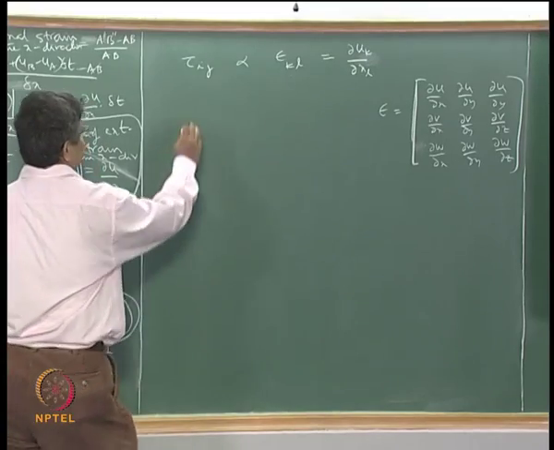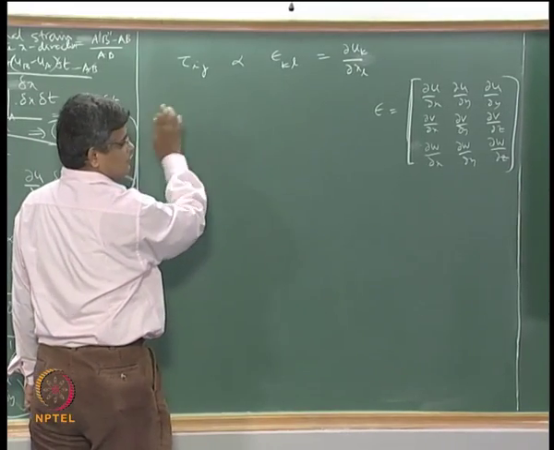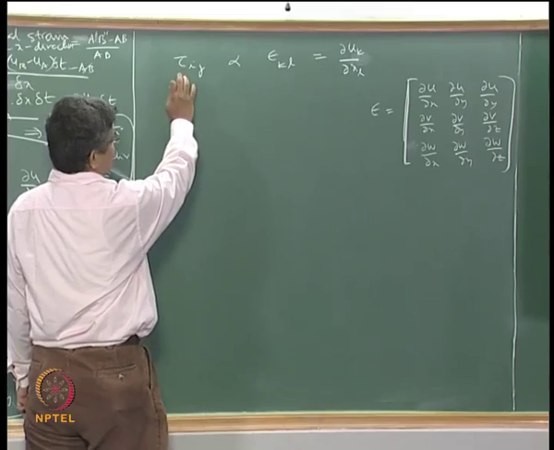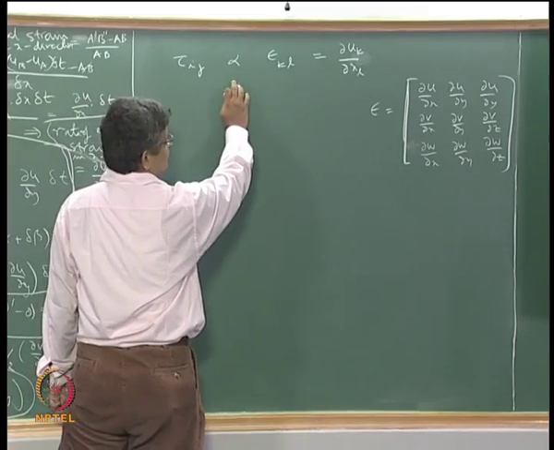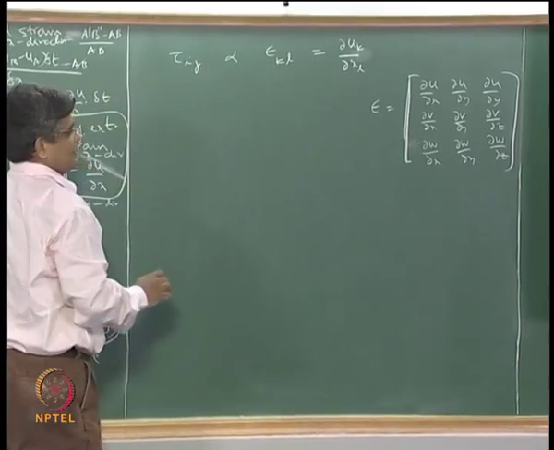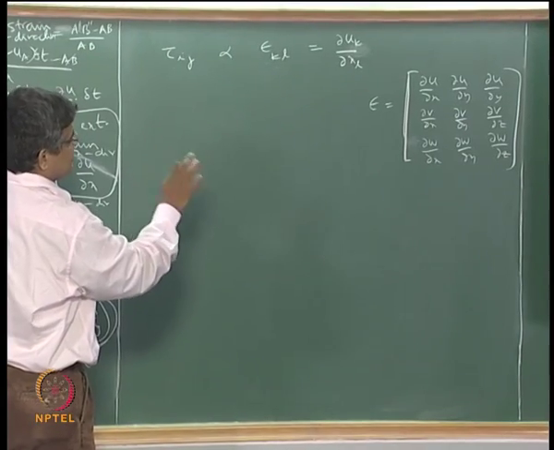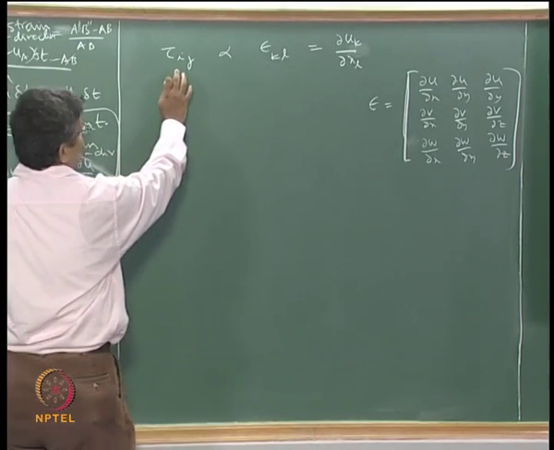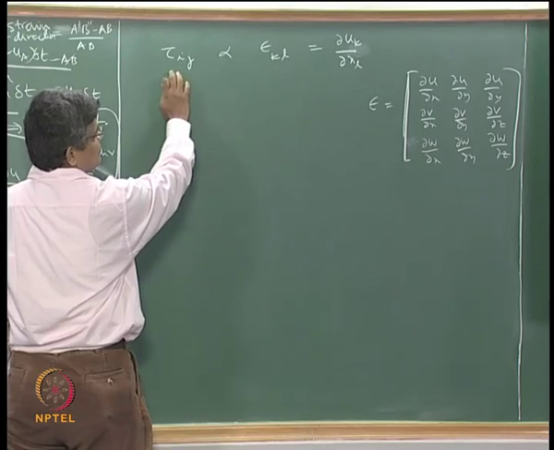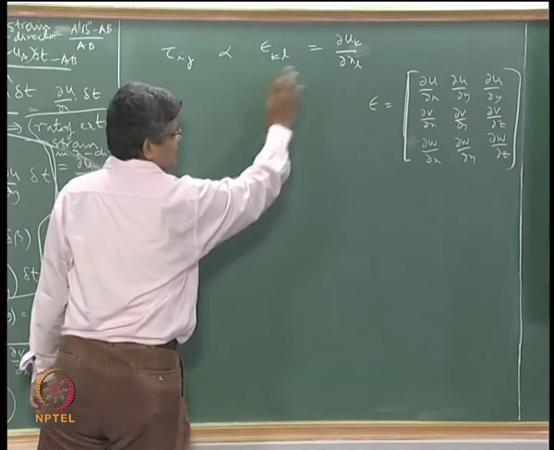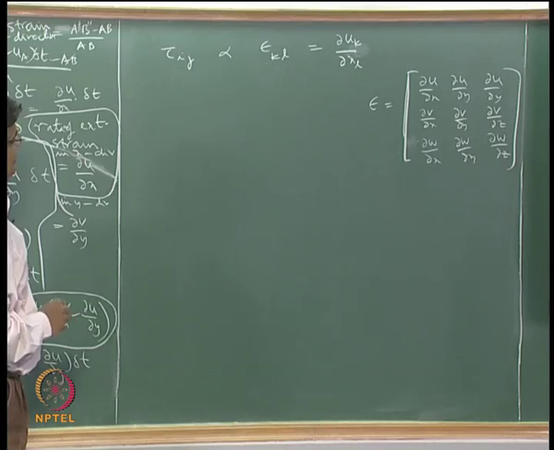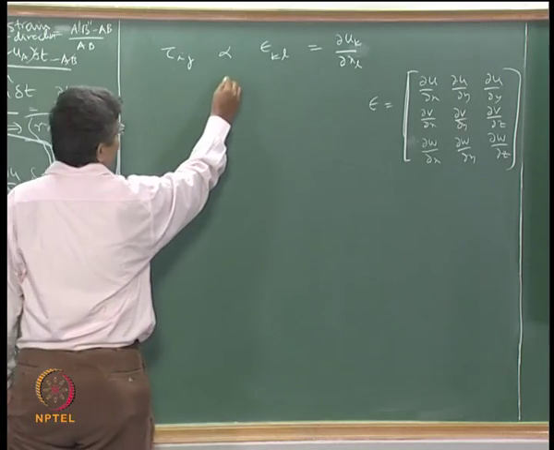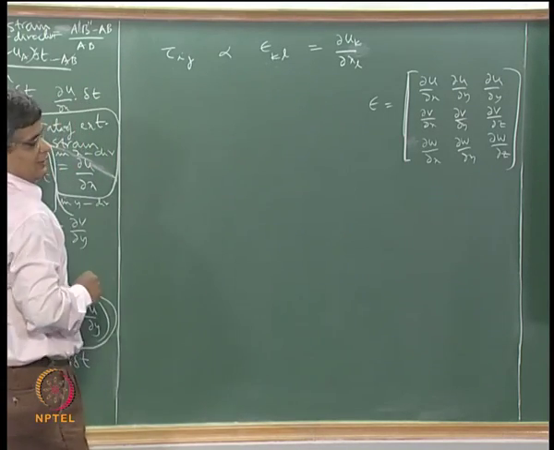So we would like to say that a generalization of Newton's law of viscosity, where shear stress is proportional to the velocity gradient, can now be expressed in a general framework as a stress component proportional to the velocity gradient component in this particular way. Now what will be the proportionality constant?